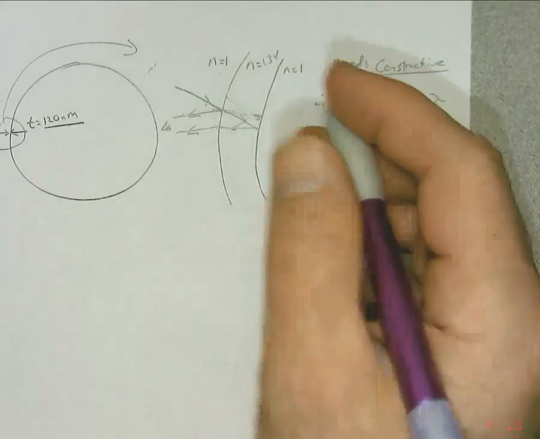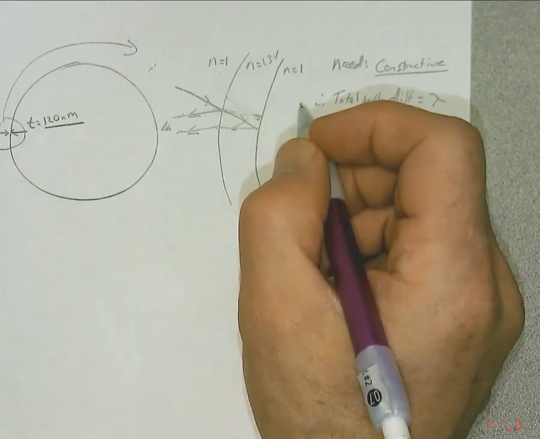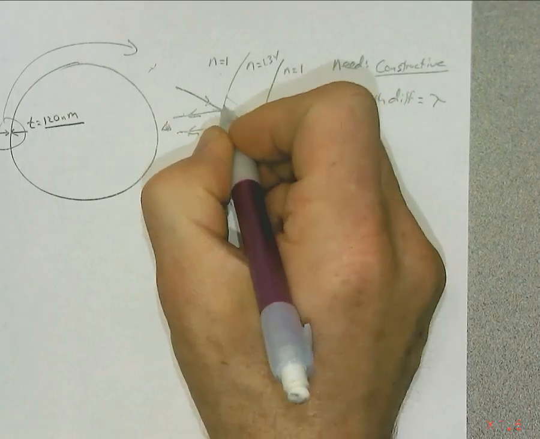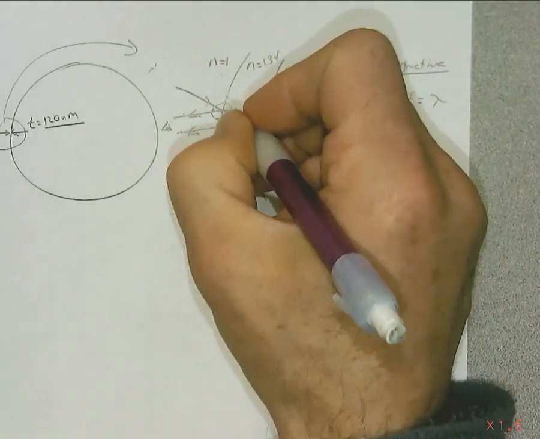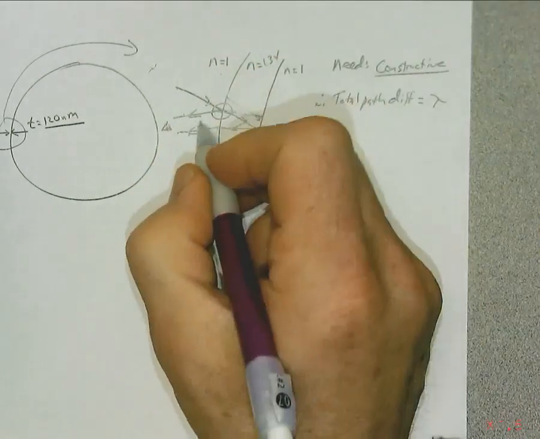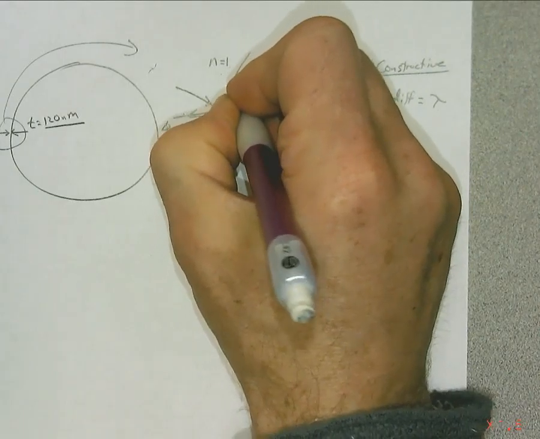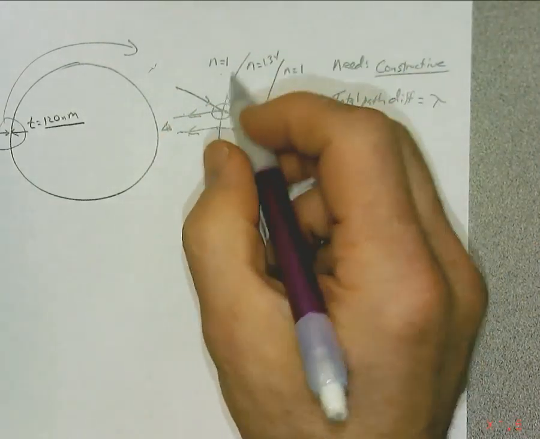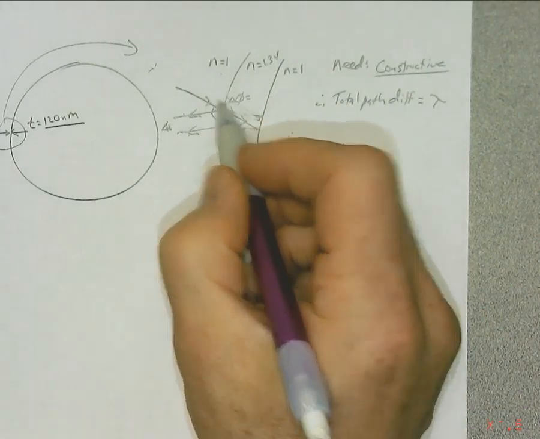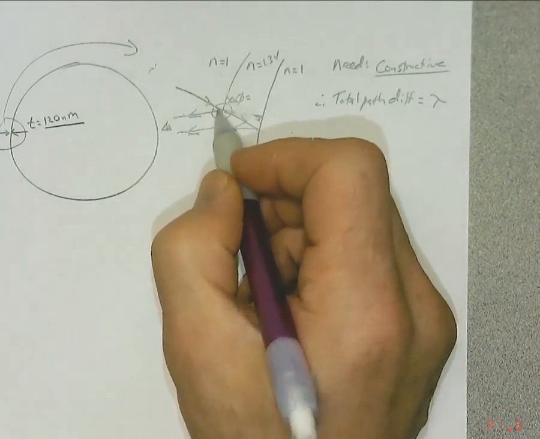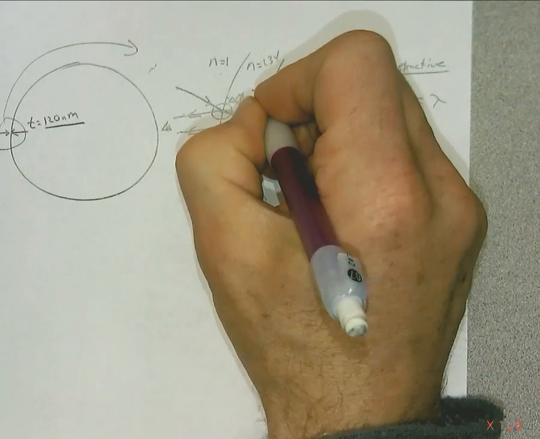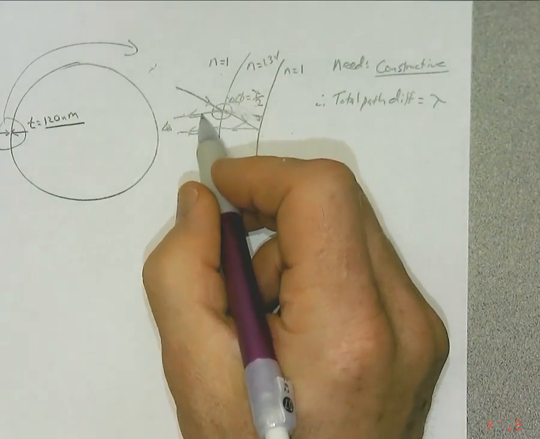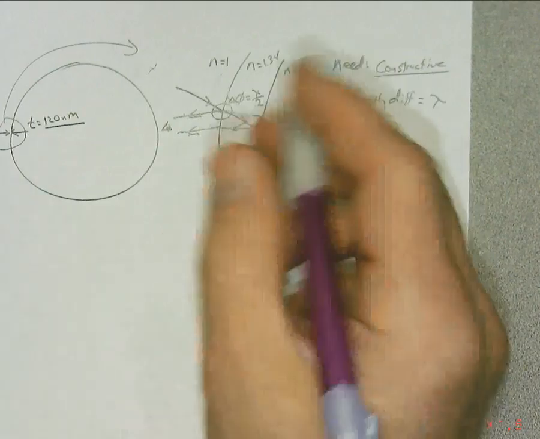But now what we have to consider is, what about any phase changes? Well, we have two possible places where it can happen. The first bounce, right here. Is there a delta phi, a change in phase? Well, you're going from a fast to a slow medium, so yes, that inverts. In other words, there's a lambda over 2 phase difference from this bounce, because it flips around.